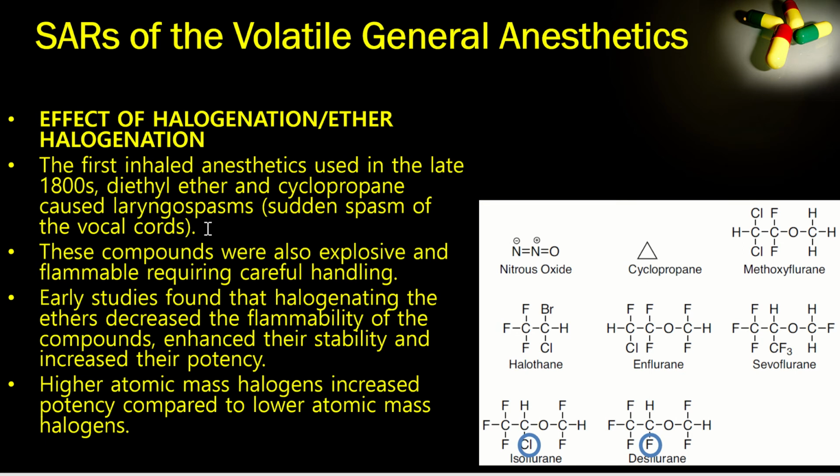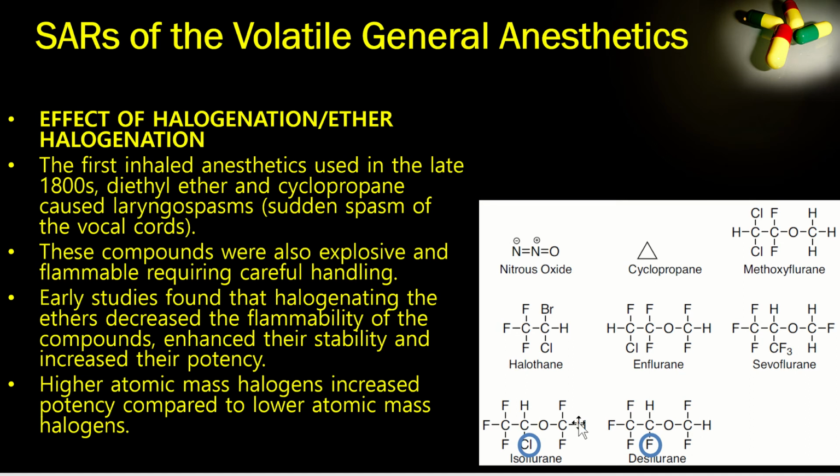And that is why we see all of these halogens on the ethers here, because they found that they were a better alternative. And also the higher atomic mass halogens increase potency compared to lower atomic mass halogens.